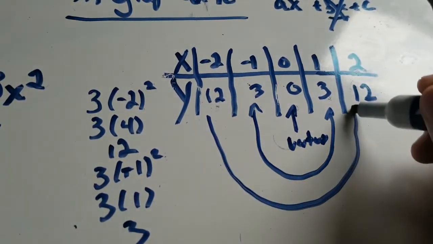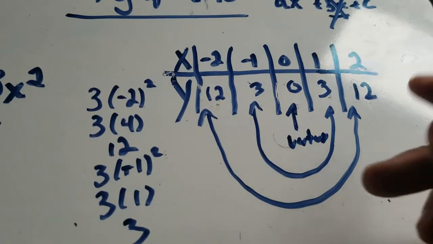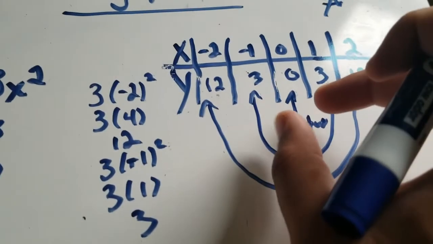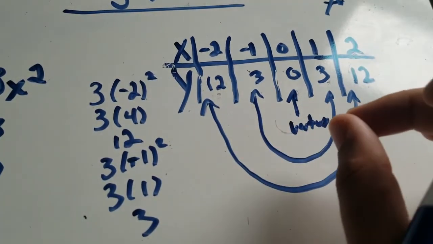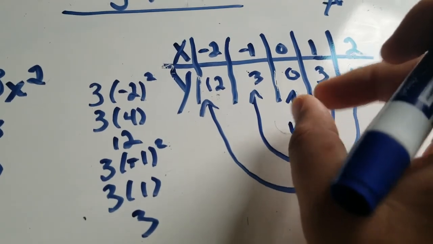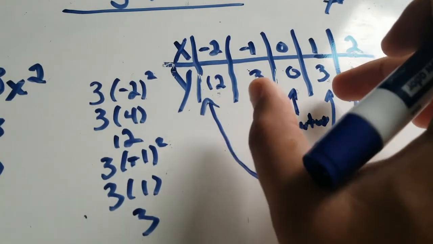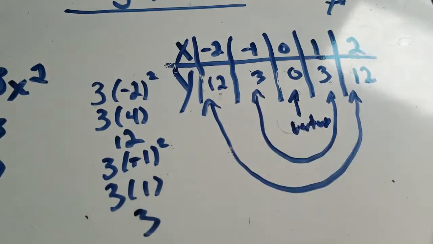And here, the two points are equal. So what we call this is that our graph is symmetric. So this is going to be a method to check your work. You're going to check your work by just checking and see, hey, this and this is equal, so I must have done that right. This and this is equal, I must have done that right.